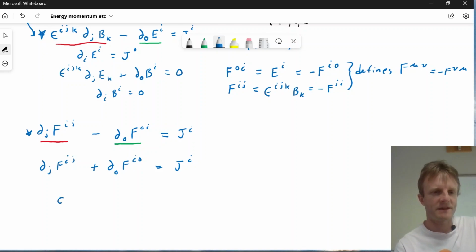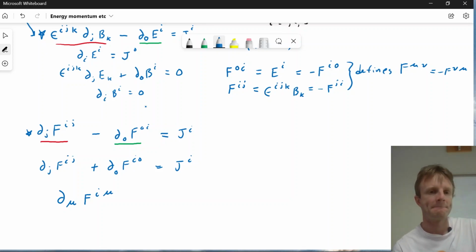So what I mean by that is this left-hand side is actually del mu F i mu. Right, think about it. If I write it out, this is a sum over 0, 1, 2, 3. So the first term where mu is 0, well, that's just the term on the right here. And the next terms where mu is spatial, I could call it j equals 1, 2, 3. Well, that's just the term on the left. d0 means time derivative, d/dt.